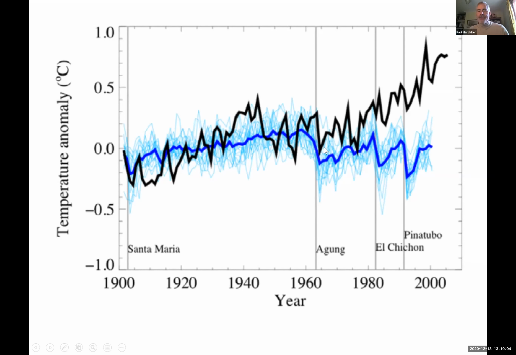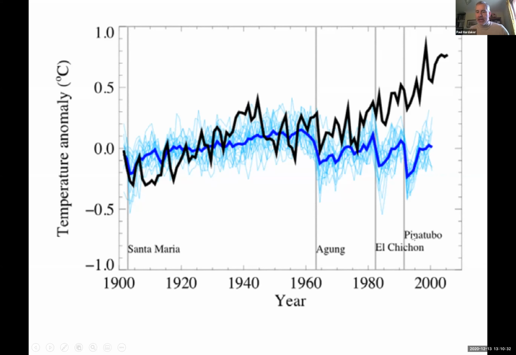The blue line is the climate model prediction. And the faint blue lines are my ensemble that I spoke about earlier to try and capture the uncertainty. So this is the ensemble of different climate model runs, and this is my mean. And this is a run without any anthropogenic greenhouse gases. So this is just naturally occurring climate.